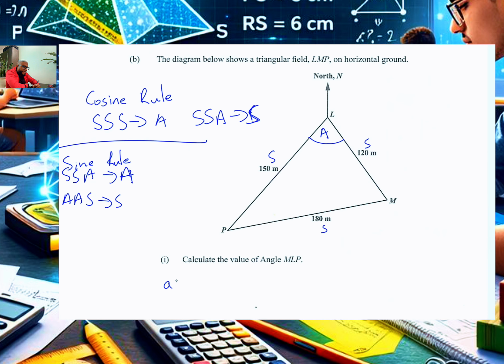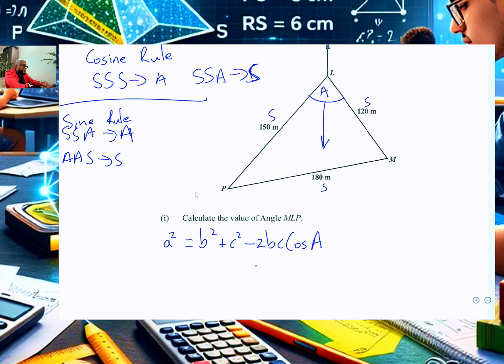We line up the formula here. A squared, which is the side opposite the angle we're trying to find in this case, is equal to B squared plus C squared minus 2BC cos of capital A, right? Capital A is the unknown angle. We'll call it MLP. So we know what A is. A is 180, so 180 squared equal to B squared. B could be anyone, right?